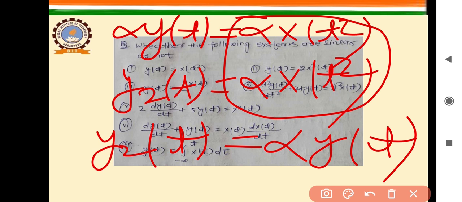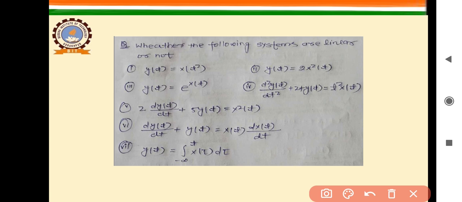Now move to the second example, which is given here as y(t) is equal to 2 x square of t. Repeat the process again. First, check the law of additivity, which says that I will replace the variable x by x1 and y by y1.